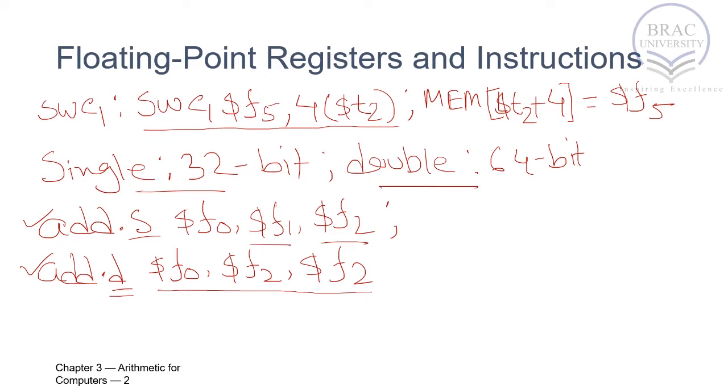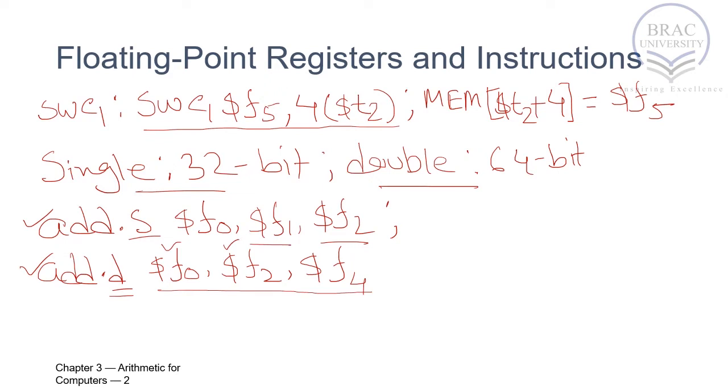The difference is, see, the destination is f0, the source 1 is f2, and sorry, I just made a mistake here, so this will be f4. So this will be f4. Now the destination is f0, source 1 is f2 and source 2 is f4.